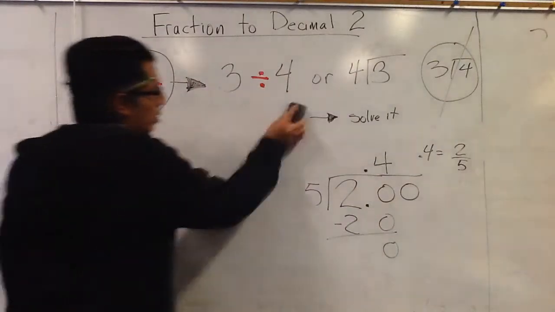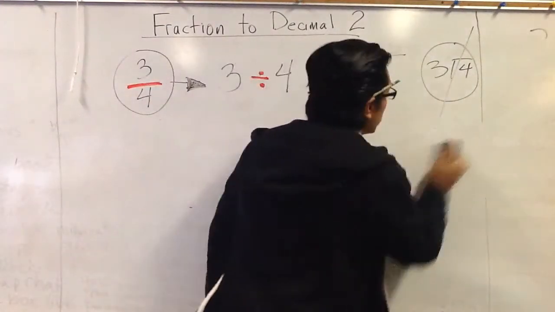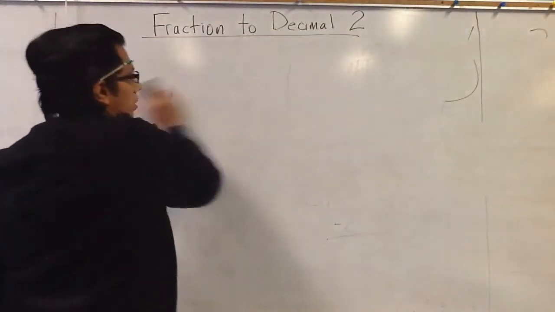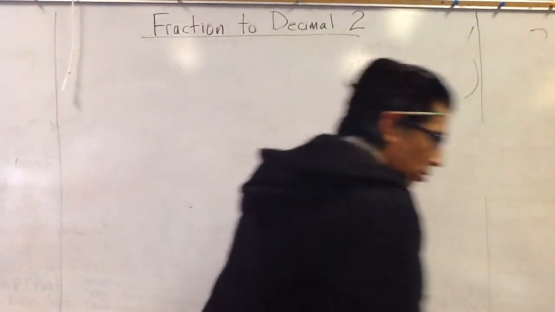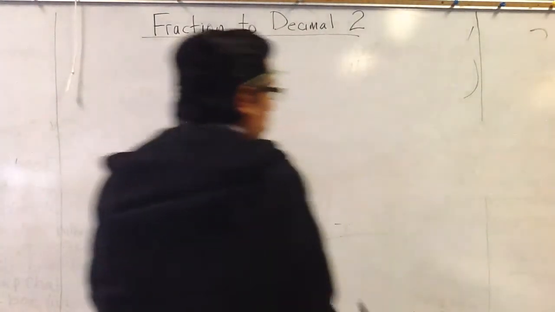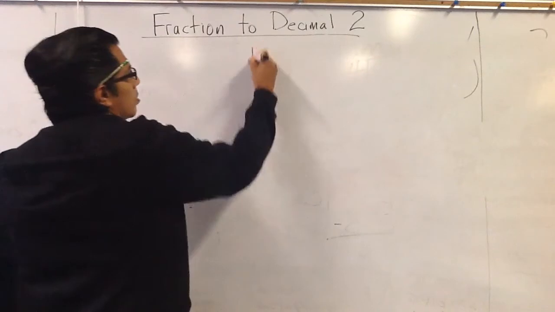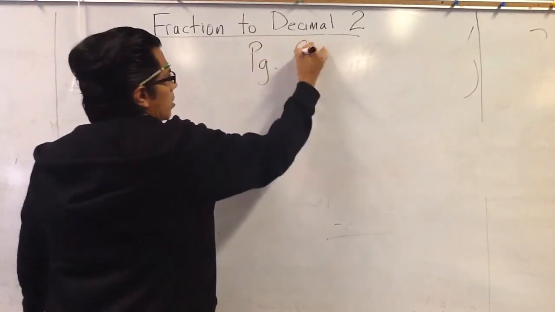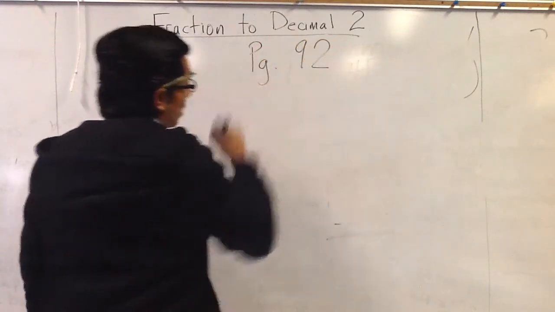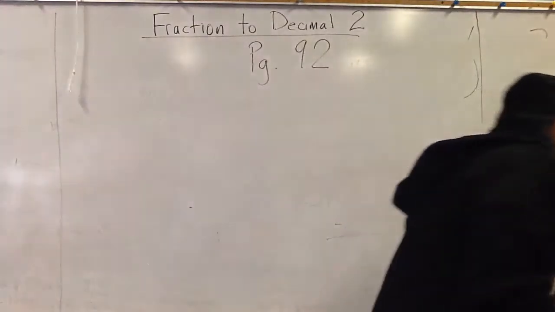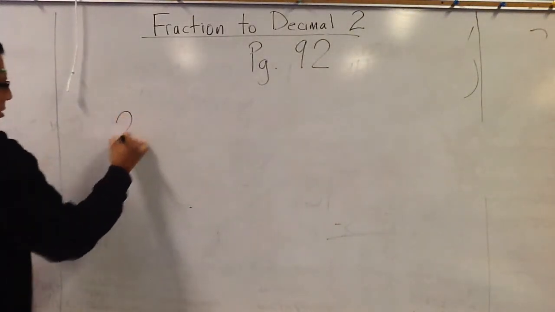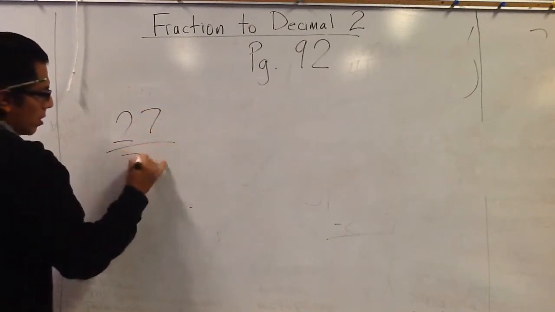All right. So let's work some problems here. Let's go to page 92. Page 92. And on page 92, I'm going to try number 4. And this is a big boy. Uh-oh. 27/75.